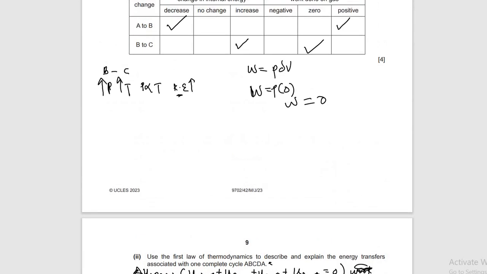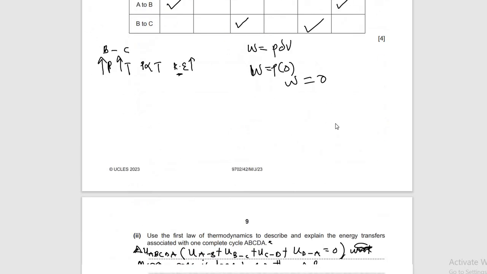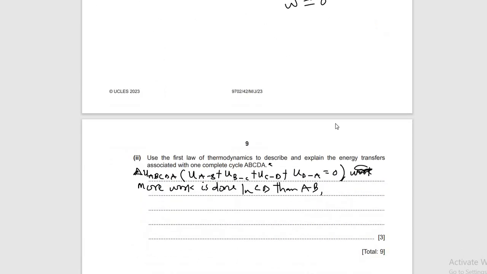If you check this again, DA and CB have constant volume, but the pressure changes. At constant volume, change in volume is 0, so no work is done. You have to analyze it like that. No work is done.